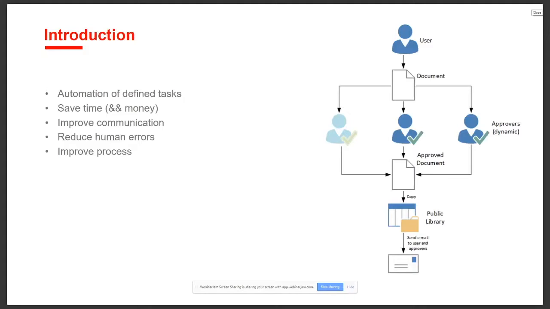One of the main purposes of using a workflow in the context of a SharePoint environment is to reduce the potential for human errors, so that you have something that is a little bit more standardized and less subject to human errors.